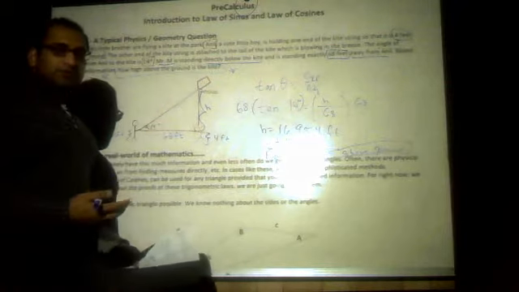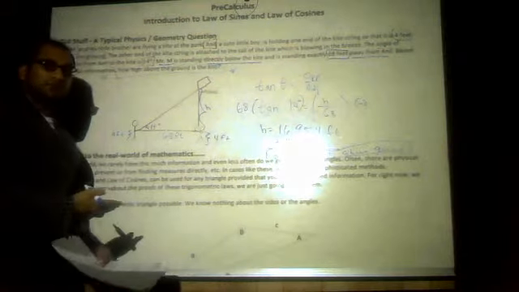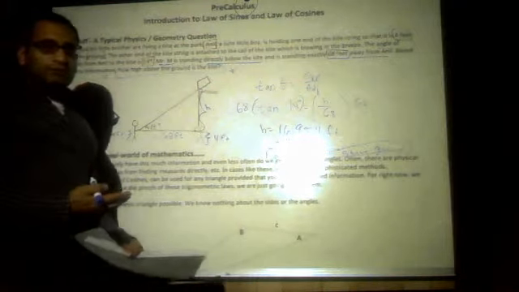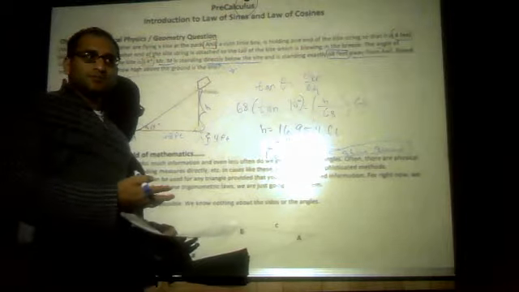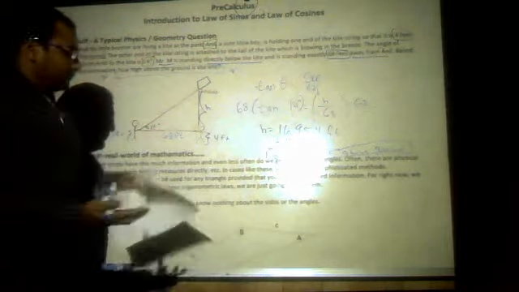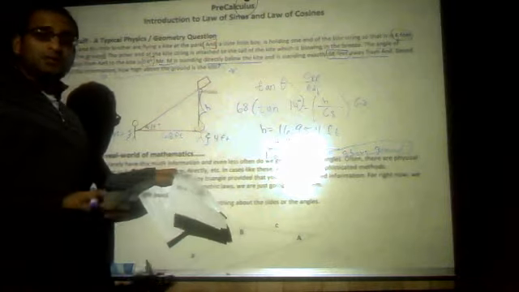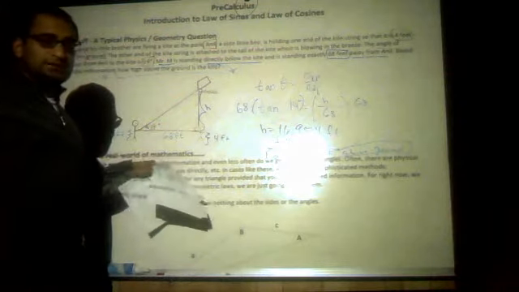So in geometry and physics, we've used our knowledge of right triangle trigonometry to find the measures of angles and sides in right triangles. Everything that we've learned about trigonometry, by using SOHCAHTOA and all of the little acronyms, we can figure out angles and we can figure out sides.